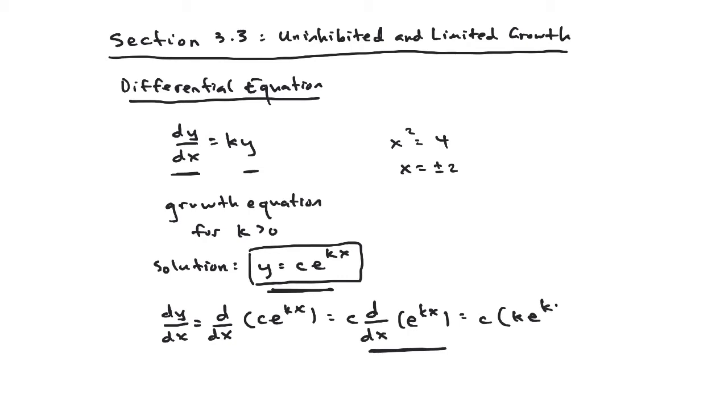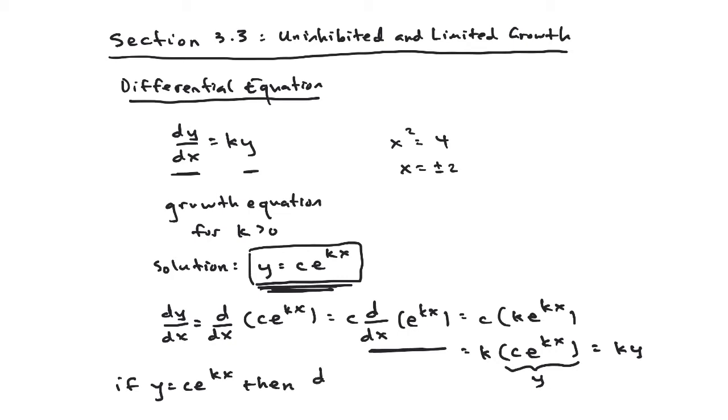So I can rewrite this as k times c e to the kx. But if y is equal to c times e to the kx, then this is equal to y, so this is k times y. So if y is equal to c times e to the kx, then dy dx is equal to k times y. This doesn't tell us this is the only solution, but for our purposes, it is the only solution.